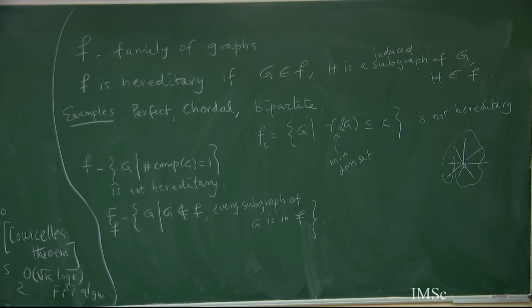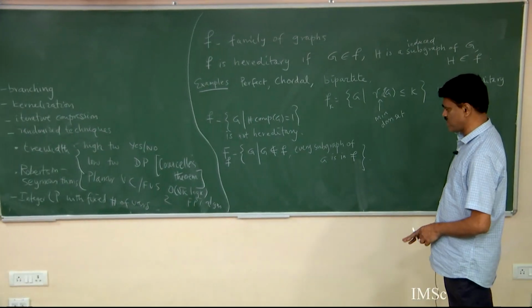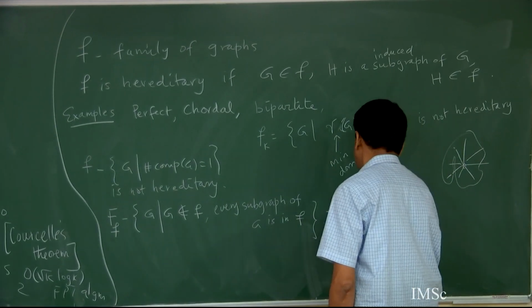It's just the collection of all odd cycles. Take an odd cycle, because that is not in F, and any proper subgraph of it is. So basically you take the collection of all graphs which are not in the family and pick the minimal ones. That's a forbidden set, right? So, this is called a forbidden set.